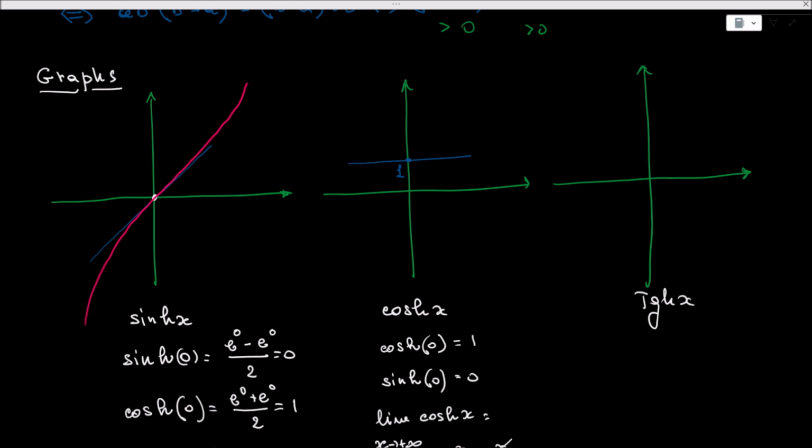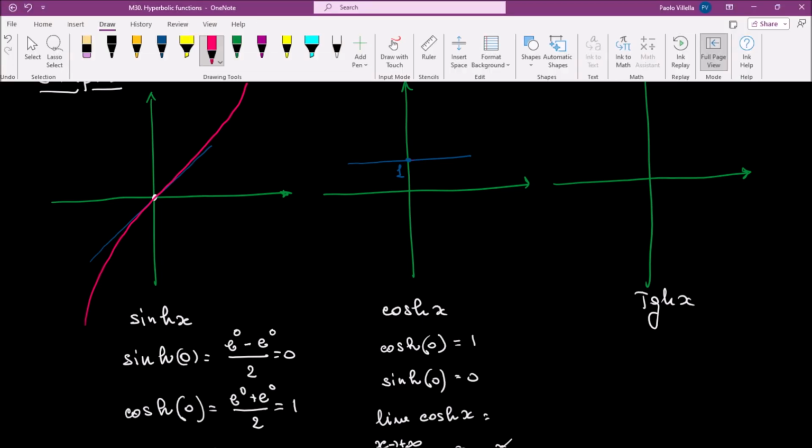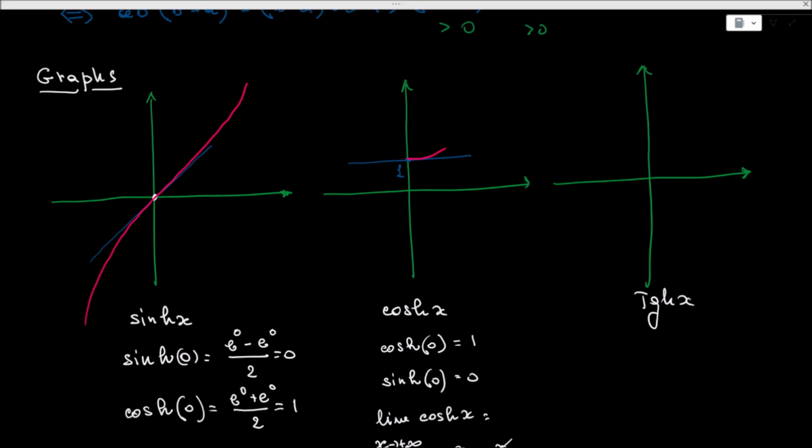So this is plus infinity, so we have this behavior for x that goes to plus infinity, and now we can just mirror with respect to the y-axis, and this is the plot for the hyperbolic cosine of x.